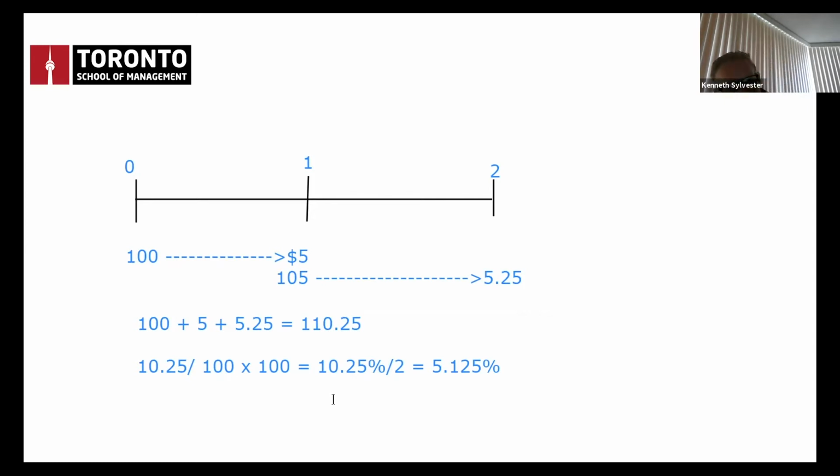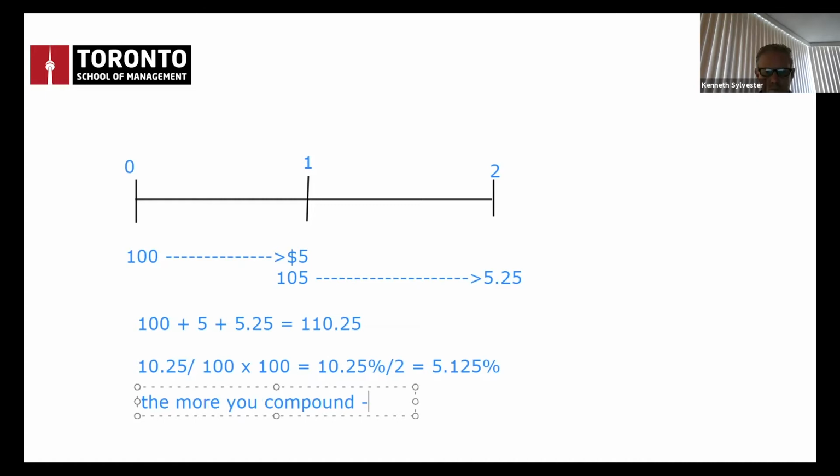If you were borrowing money for 2 years, would you rather have the loan interest calculated as simple interest or compound interest? Simple. Okay. All right. So what I want to tell you right now is the more you compound, the higher the effective rate.